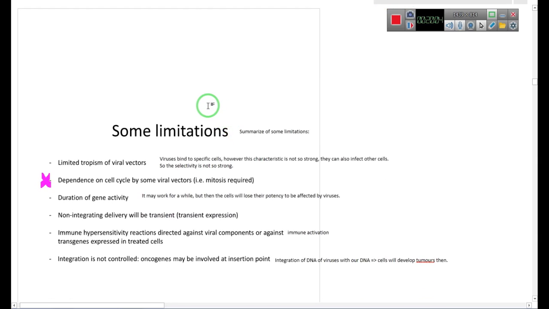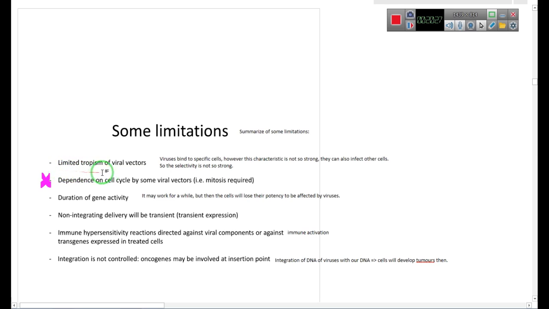So here we have a summary of the limitations that we mentioned. Well, the limited tropism of viral vectors. The problem with this is that the viruses are not so selective towards only a specific type of cell.